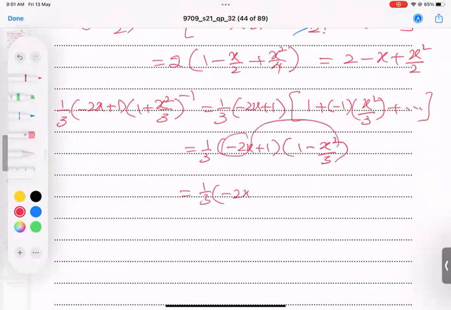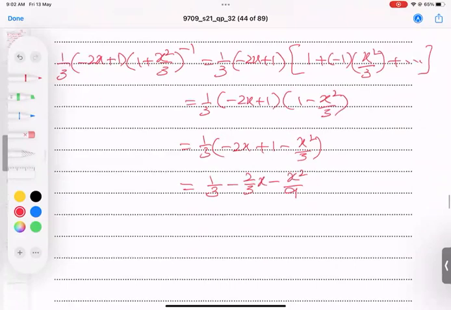Then this multiplied with that, no need, because cube comes, this into this, I get a 1 and minus x squared by 3. Now 1 by 3 multiplied inside, I get 1 over 3 negative 2 over 3 times 2x and negative x squared by 9. So this is also done.